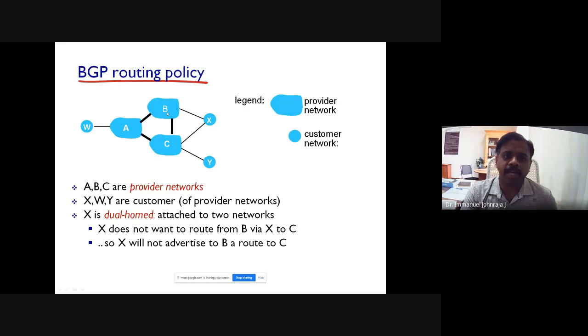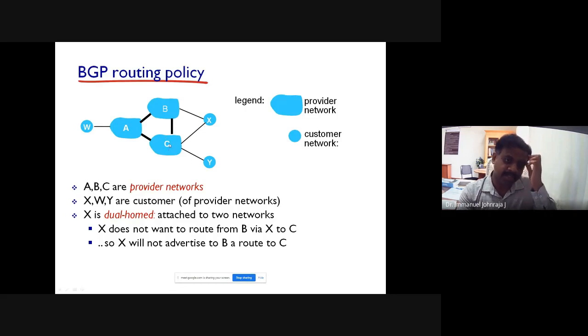I do not want to take part in your communication. Though I have the connection, X is not going to accept any such routing information between B and C. Hence, X will not advertise to B a route to C. X has a connection to C that will not be known to B. You got it? Simple example, right? Because it does not want to take part in this routing process.